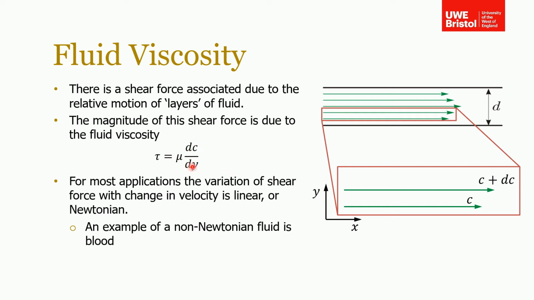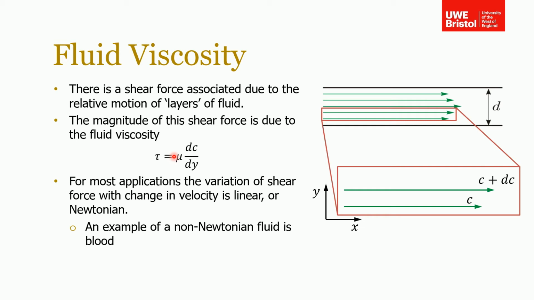Now, for most applications, the variation of this shear stress with the change in velocity is linear. In other words, it's Newtonian. So regardless of the fluid velocity, with the change in radial position, the viscosity stays the same.